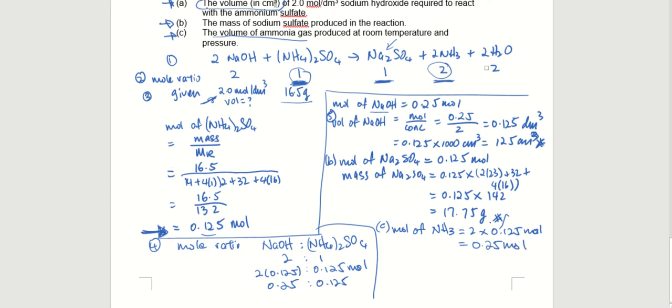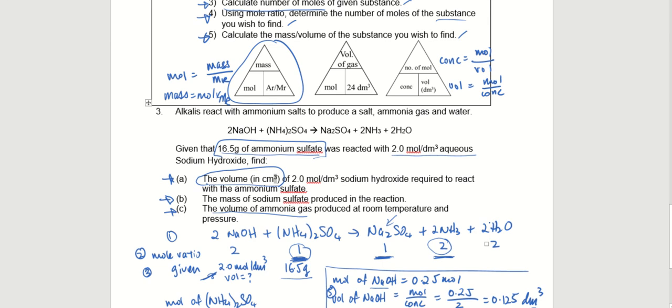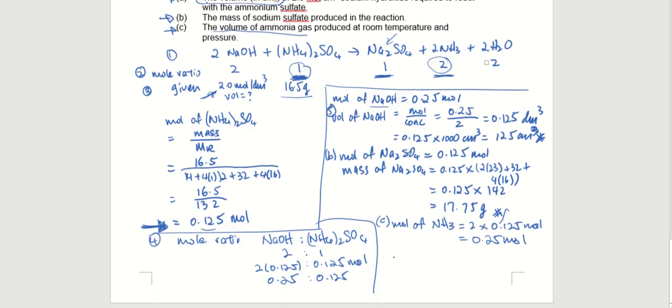Now, in order for us to find the volume, we will use this formula. So volume of gas is equal to mole times 24 dm cube. So the volume of ammonia will be mole times 24, which is 0.25 times 24 dm cube, and this will give us 6 dm cube of ammonia.